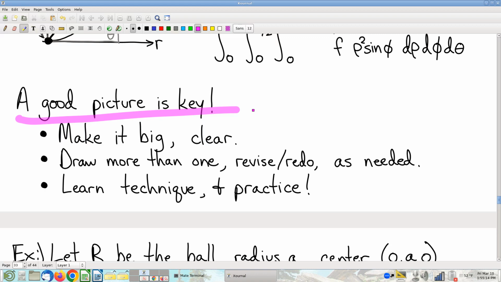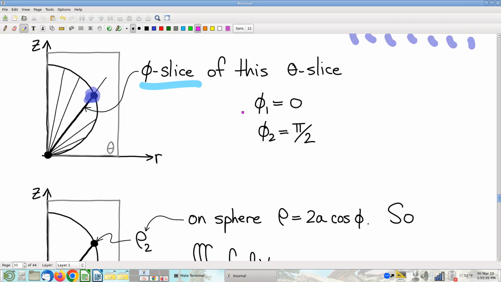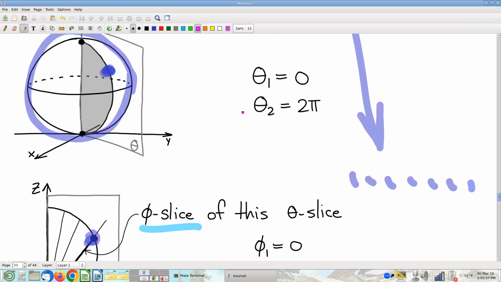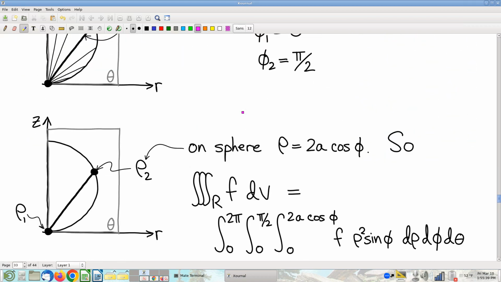But don't forget, that is not the only purpose of a picture, nor is it the only purpose of all the other things that you write on the page. The reasoning that gets you down to your right answer is part of what's required on an exam question or a homework exercise. So come back up here and look at what we just did. Most of the reasoning that got us to the bounds came off of the picture.